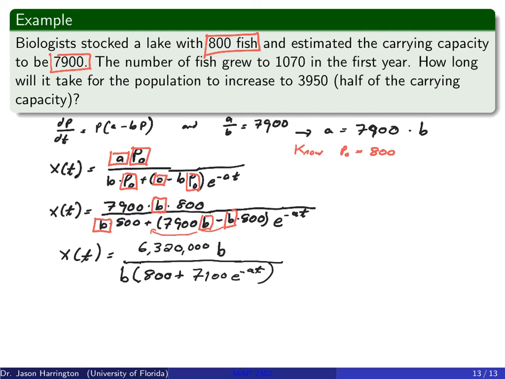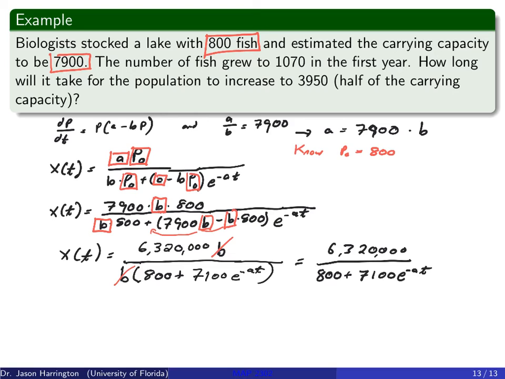All right, so now my b's cancel, and I'm left with 6,320,000 divided by 800 plus 7,100 e to the negative at.